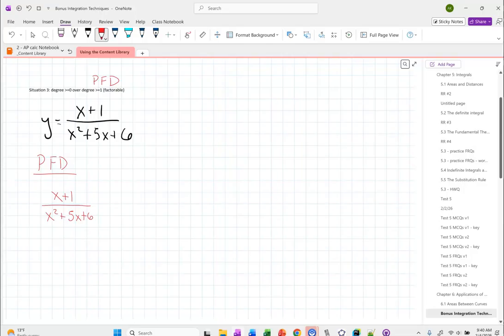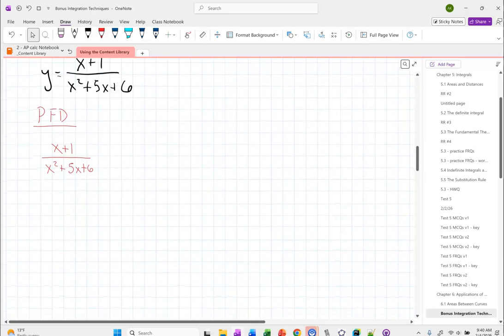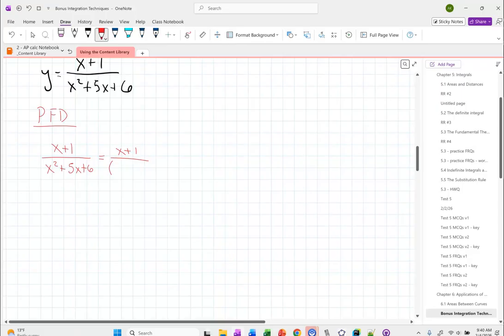If you look at the textbook, they have a section on this and they go into excruciating detail about all these different situations and how to handle them. The AP would not give you something that over the top. So to do a partial fraction decomposition, we'd start by factoring the denominator.